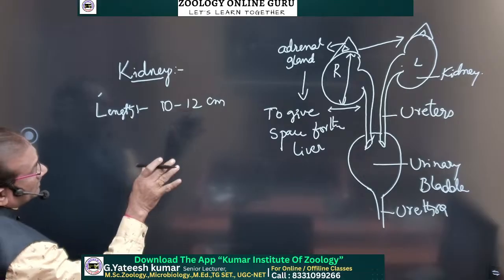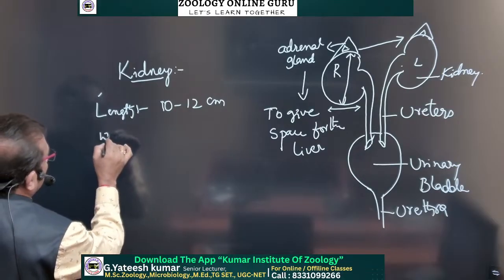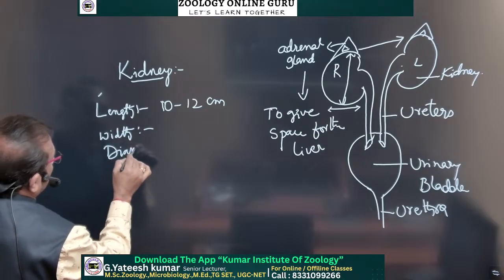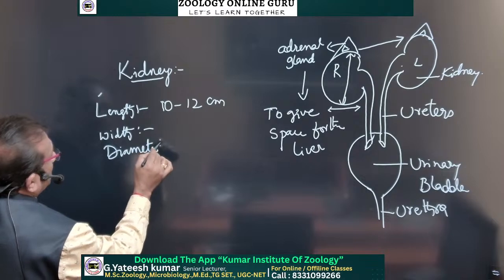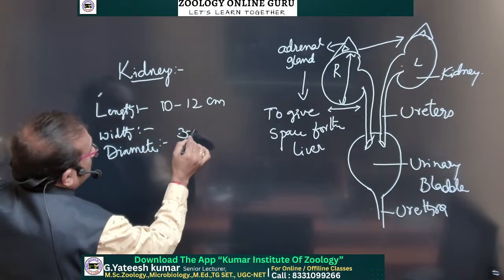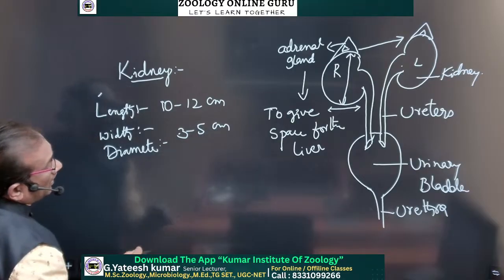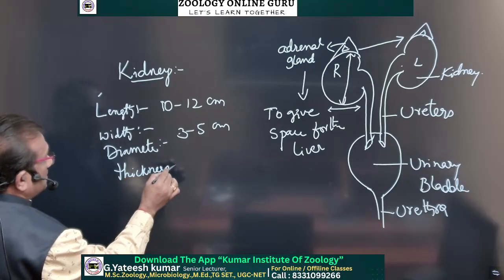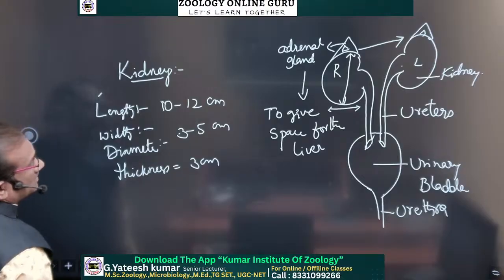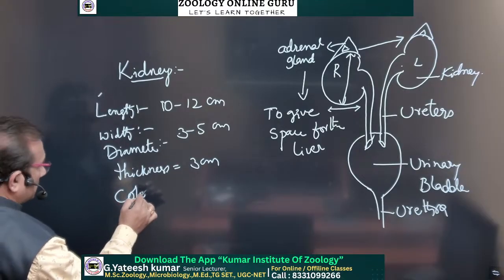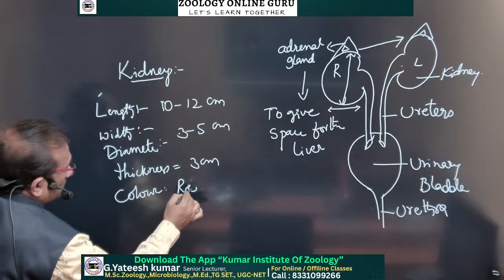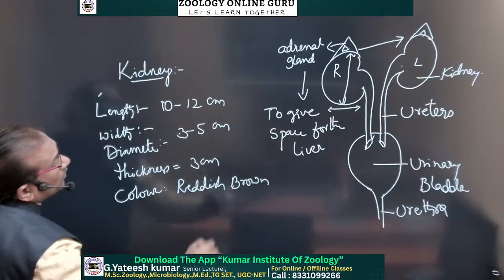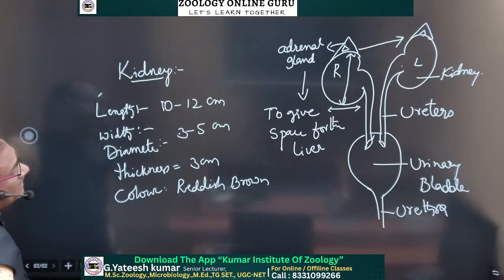Look at the width, the diameter of the kidney is 3 to 5 centimeters, and the thickness is approximately 3 centimeters. The color is reddish brown.